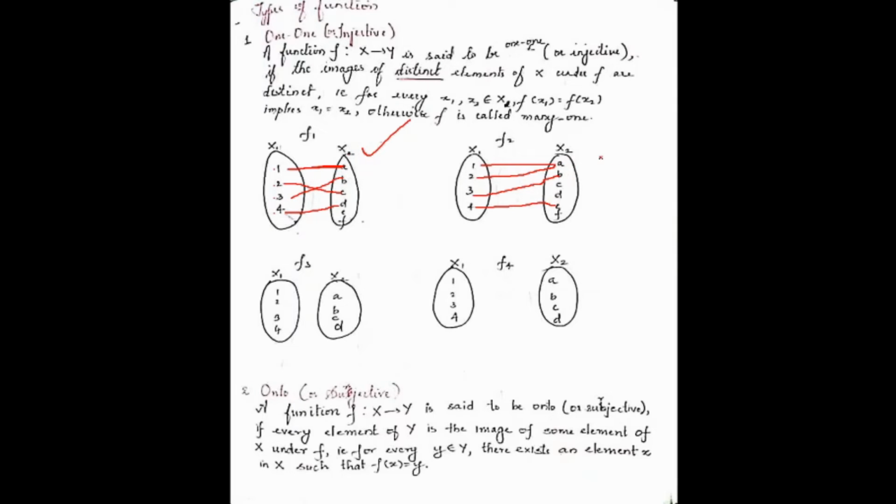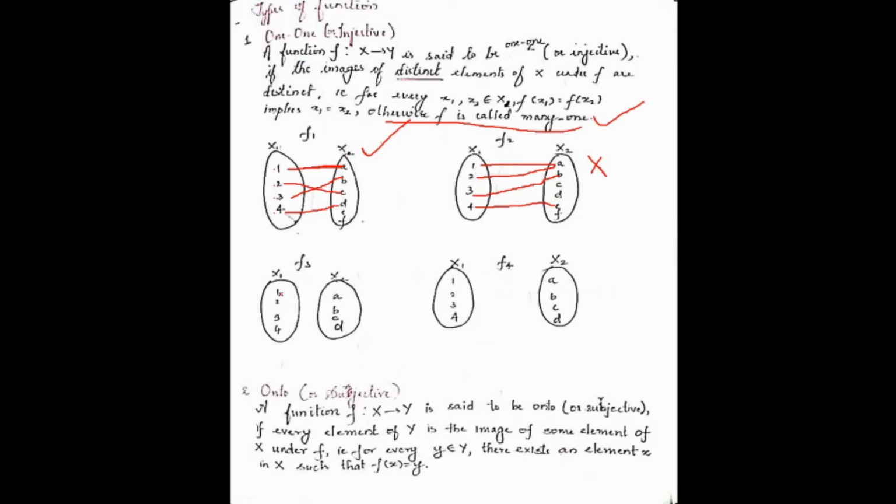So from here itself we say that this is not 1, 1. When it is not 1, 1, what is it? It is called many one. Clear? If it is 1, 1, it should satisfy this condition. Otherwise F is called many one. So this one is many one.